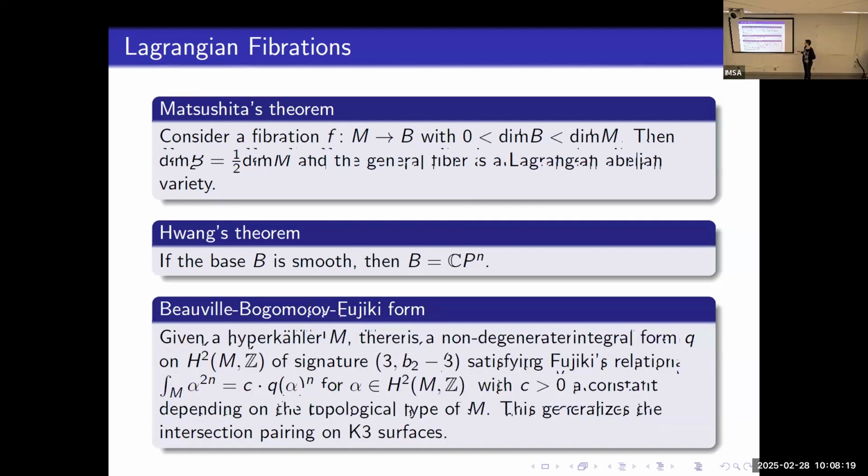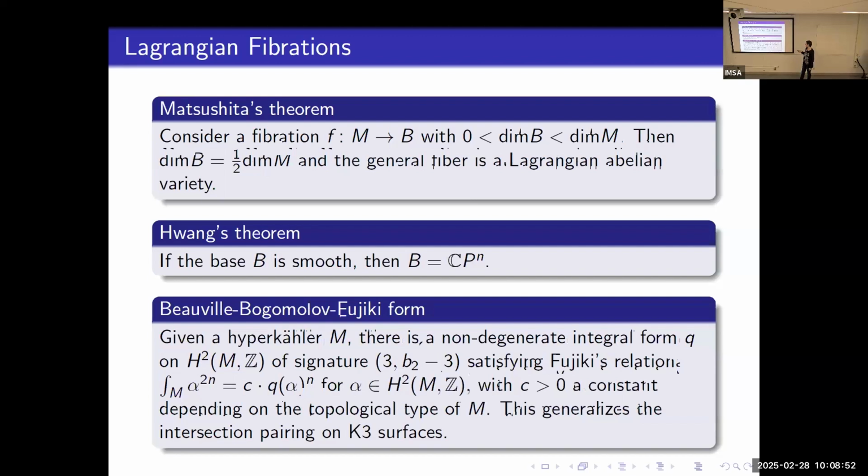So then, just like on K3 surfaces, you have the intersection product. Bogomolov and Fujiki introduced this special intersection form on the second integral cohomology. And it behaves like the intersection product on K3 surfaces. Namely, it has signature (3, b2 minus 3).